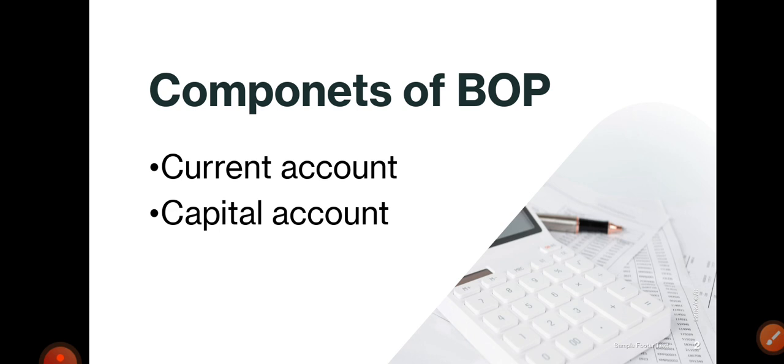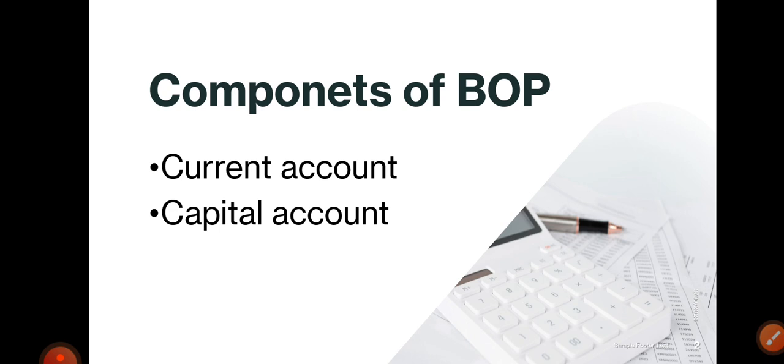Generally there are two components, current account and capital account. So what does current account hold? Current account is the sum of balance of merchandise trade, services and net transfers received from the rest of the world. That means in current account all the things that are received from the rest of the world are taken into account.